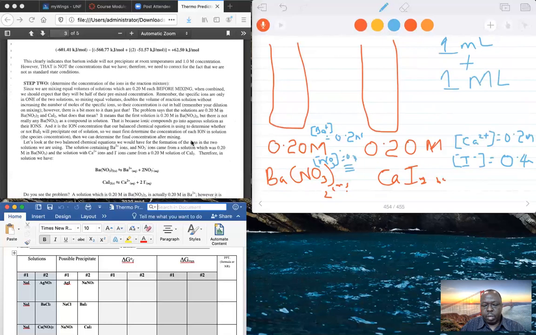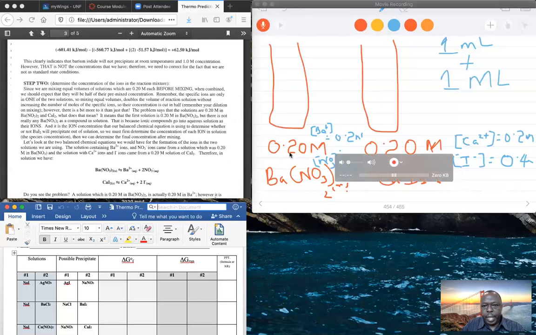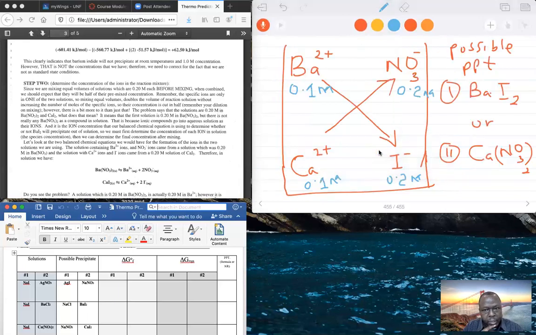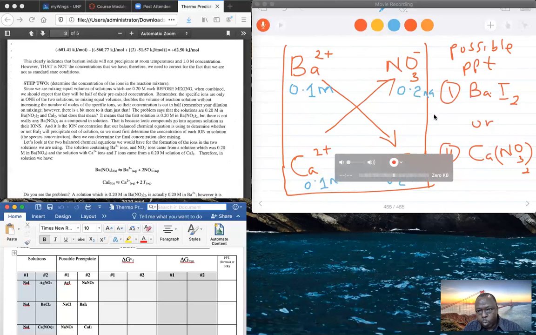If the molarity of a solution is 2 molar and I double the volume, the concentration will be reduced by half. Therefore, each molarity you start with will be 1/2 when you mix. Even for this one right here, this is 0.2, 0.2. We will come back to this, but for now, this is what is going on.